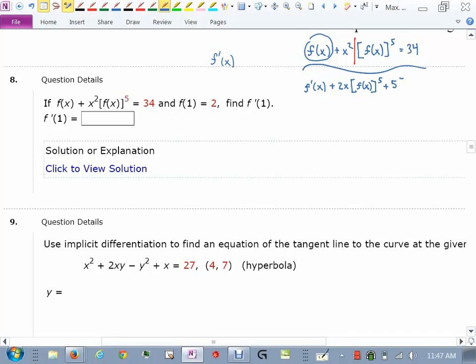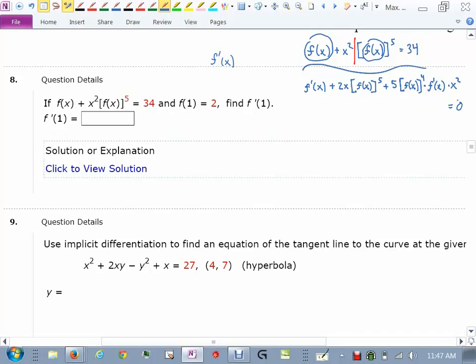So we have 5 times that something to the 4th power. Then chain rule says now derivative of what was in there. Derivative of f of x is f prime of x. And then finish off the product rule, put x squared. And then notice the other side of the equation equals derivative of constant, which is 0.